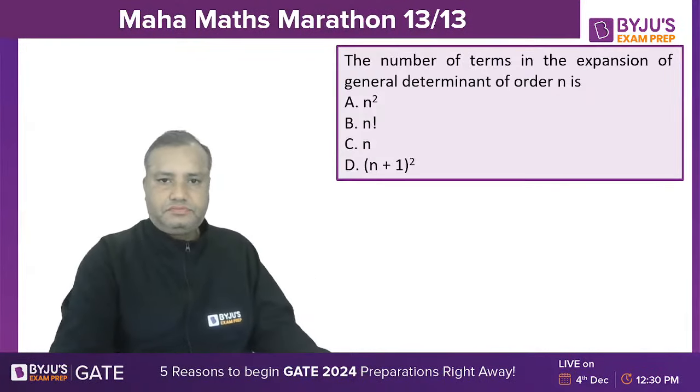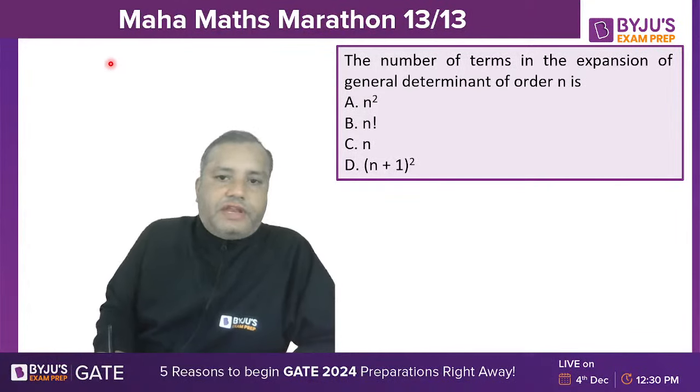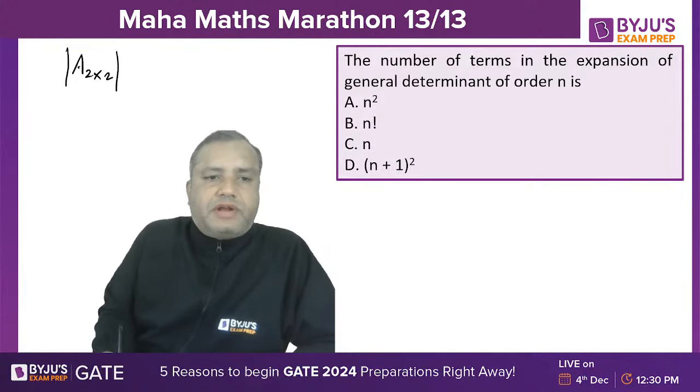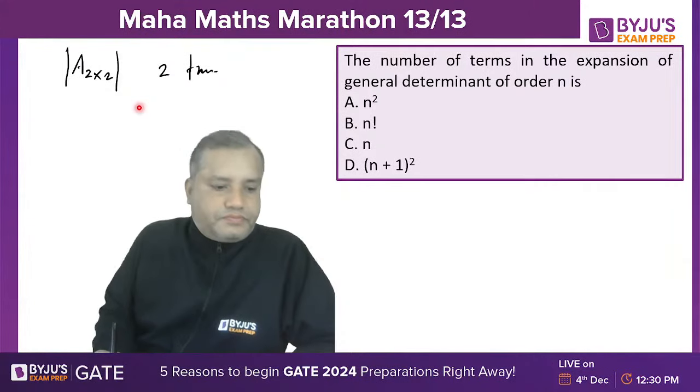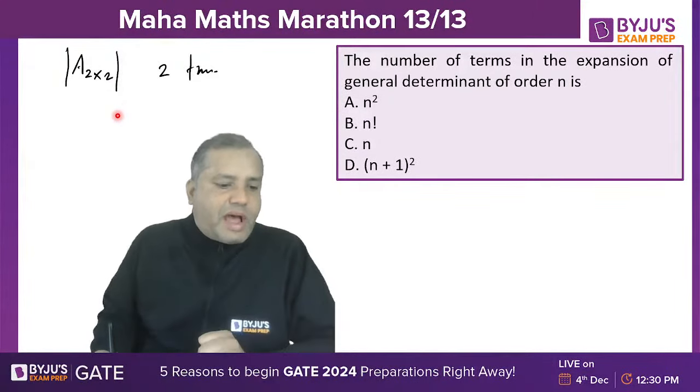Next, students, when you solve the determinant of a 2 cross 2 matrix, you will get two terms. The answer should be -5.